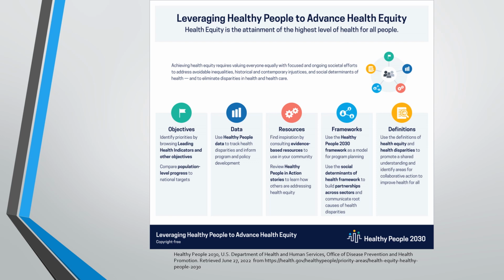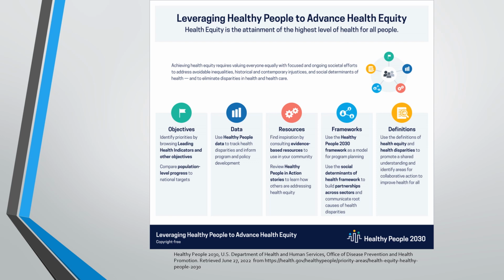We know that they've identified priorities: health literacy, eliminating health disparities, and social determinants of health. They use data, so data is everywhere now, and being able to collect that data to really track and inform health, to track health disparities, is then used to inform program and policy development.